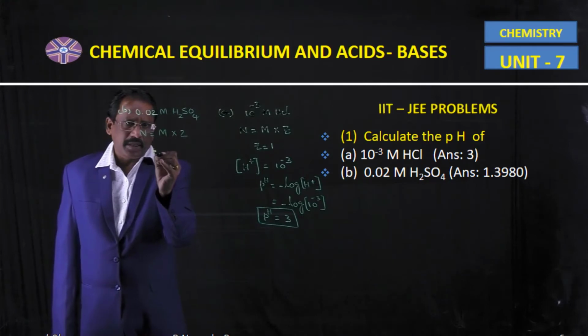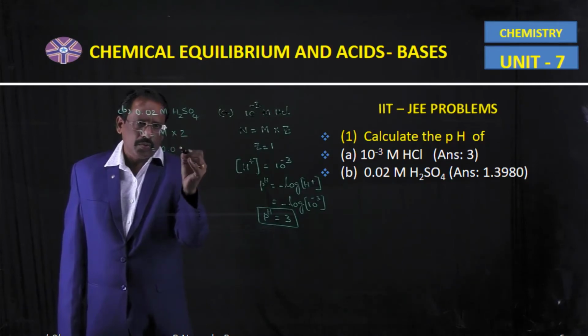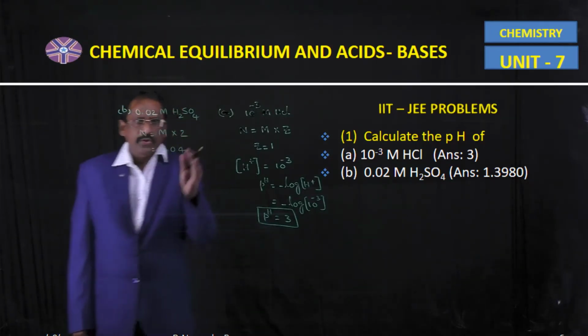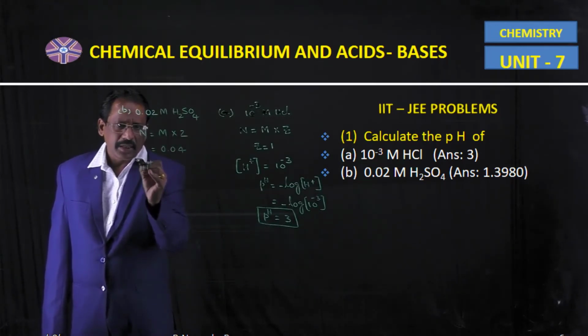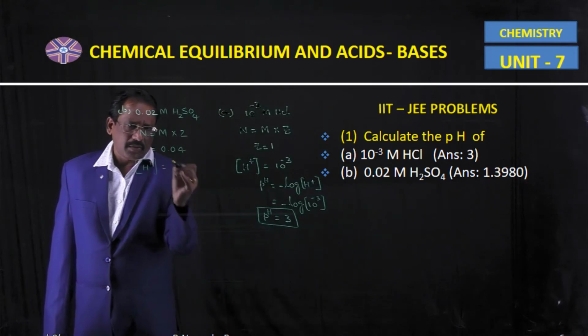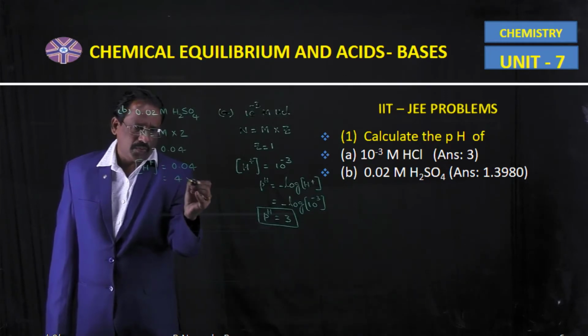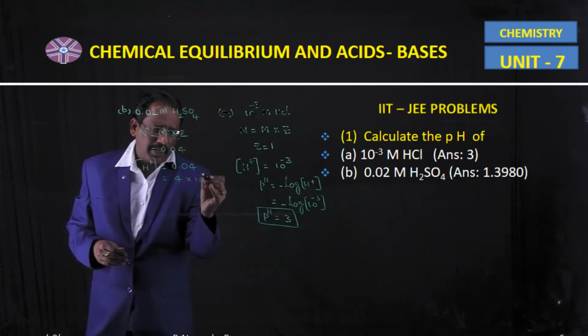Therefore, the normality of sulfuric acid solution is 0.02 into 2, that means 0.04. So, the H plus ion active mass is equal to 0.04, that is equal to 4 into 10 power minus 2.